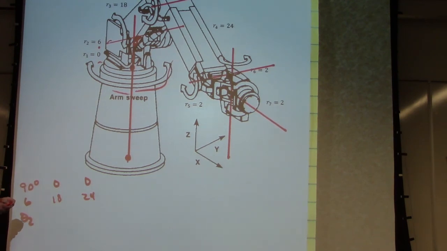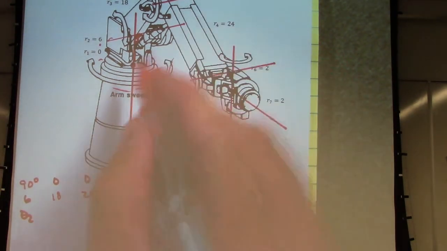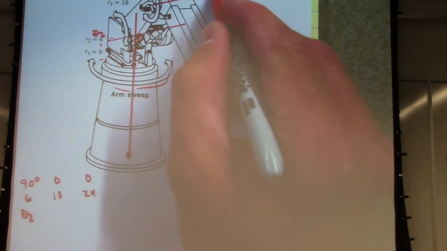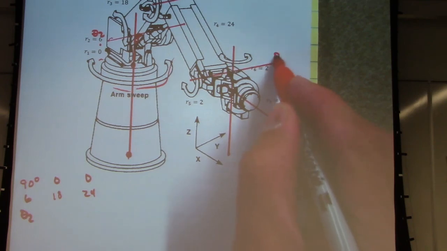You want the motors to be decreasing in size as you go further out the chain. Good. Okay, and then of course we have theta, let's see, this was theta 2, this is theta 3, and this is theta 4.